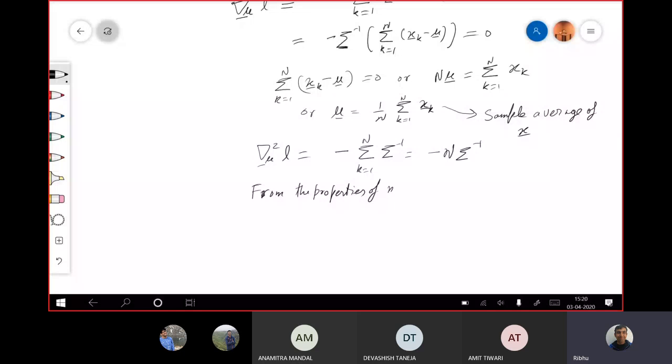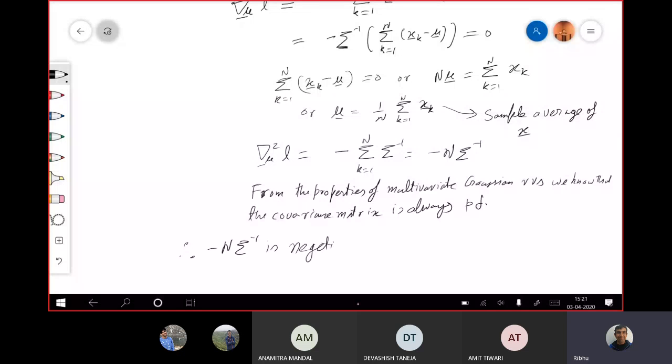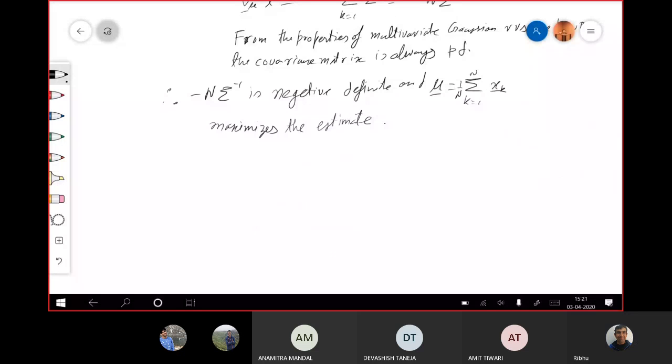Since the covariance matrix is always positive definite, therefore minus n sigma inverse is negative definite, and mu hat equals summation k equal to 1 to n 1 over n xk maximizes the likelihood. So this is how we estimate the mean of a set of observations.